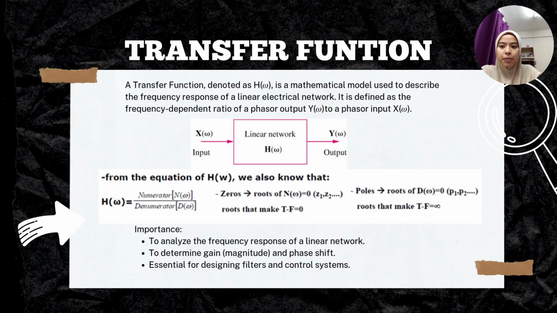So, why do we need to use this? Why do we use this? This analysis is essential for three main reasons. First, it is used to analyze the frequency response of any linear network.